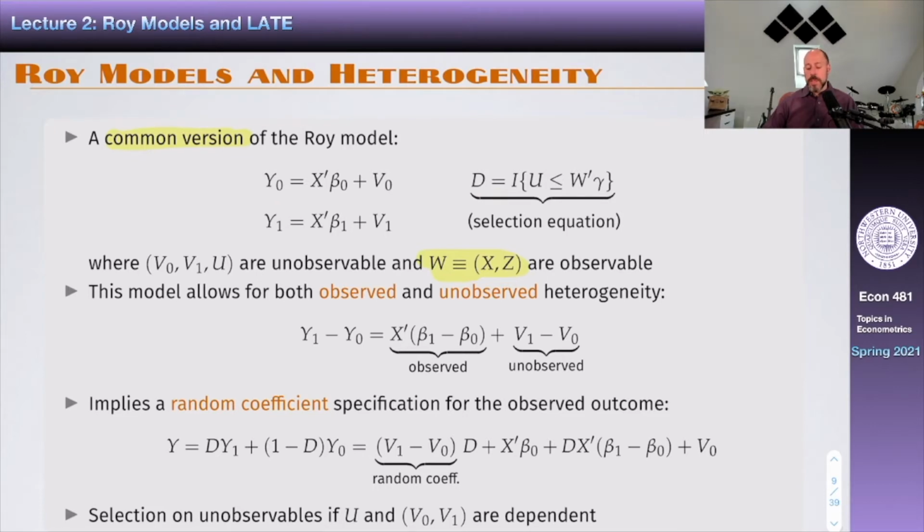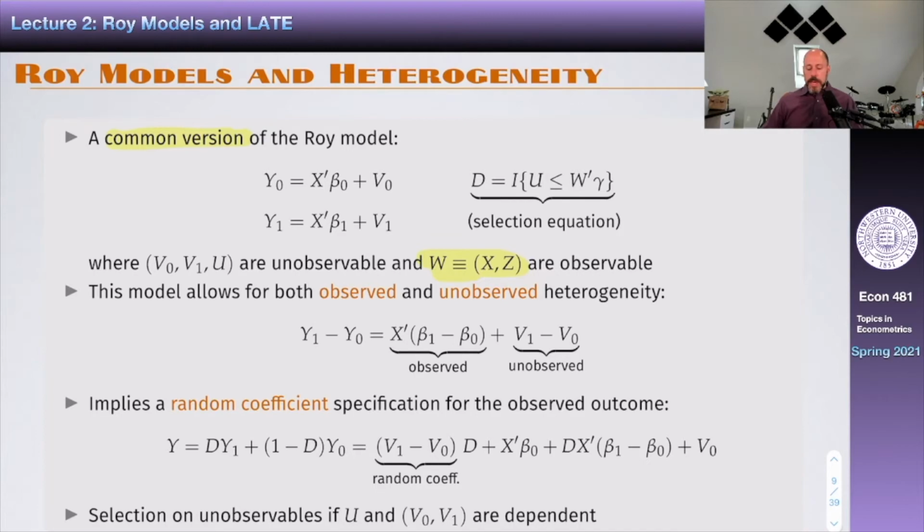Here it is explicitly captured by the fact that this u is correlated with these b's over here. And if you just look at this for long enough, you're going to realize that this is a more sophisticated version than the first derivation that I did in the first lecture of 480 to get some random coefficient model there as well. Okay.